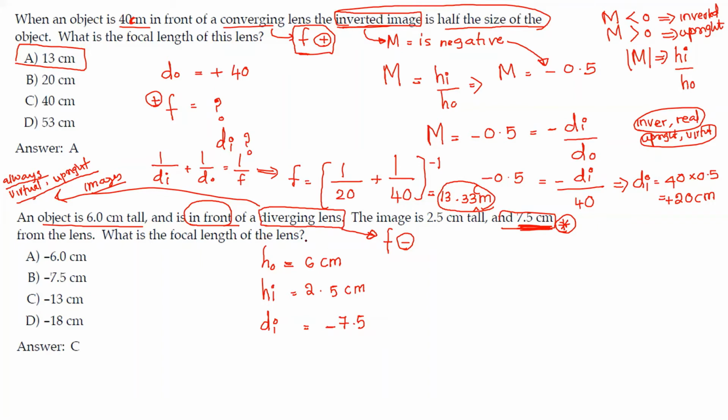So for these problems, you should really know what you are doing because they can easily omit things just to test your knowledge. Okay, so we have written down most of the things. They're asking for F, right? We know for F we should get a negative value because it's a diverging lens. But to get F, we need to find D naught.